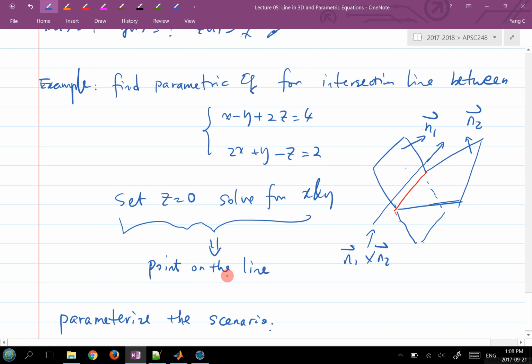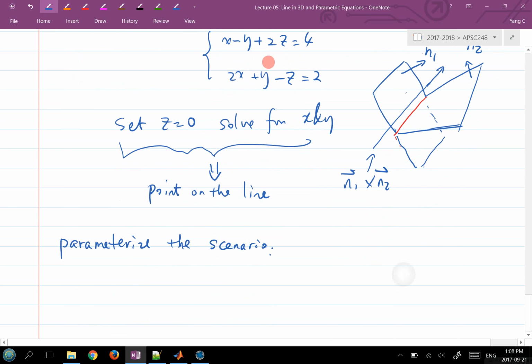So in this case, instead of setting z equal to 0, I'll just set z equal to t. That makes sense, because this is a function of t, part of the form of the line equation.